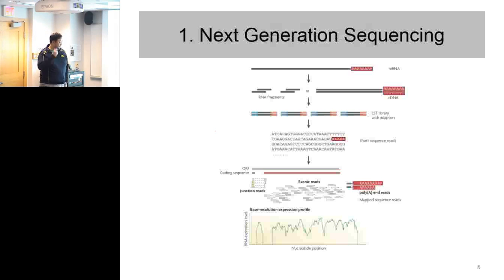So just as a brief overview of next generation sequencing, you have your RNA here, which is either fragmented to get total RNA, or you can do some sort of enrichment using an oligo dT to get mRNA, to enrich your mRNA. Those RNAs are then fragmented, and then adapters and sequencing primers are ligated to the ends of those.